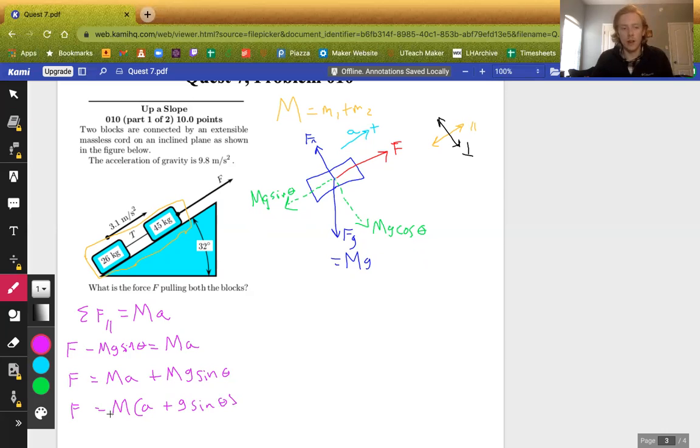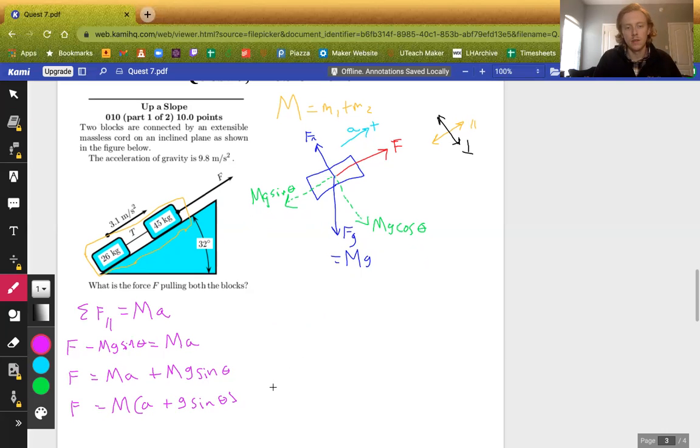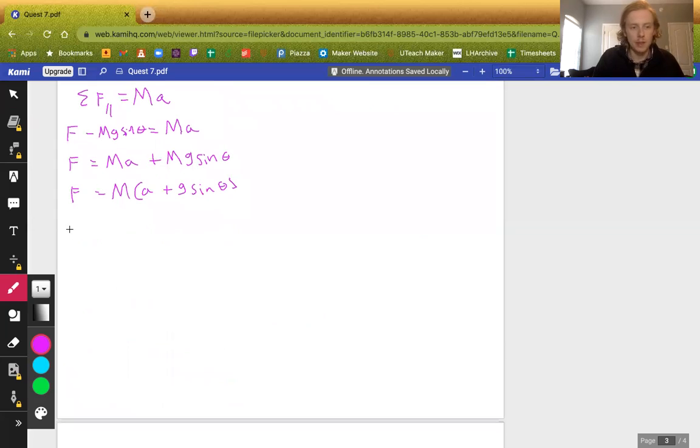We are almost there. Now F must be equal to M1 plus M2, and it doesn't really matter right now which one you call which. Later it will matter, but right now it doesn't. Times the acceleration of the system plus the acceleration due to gravity times the sine of theta.